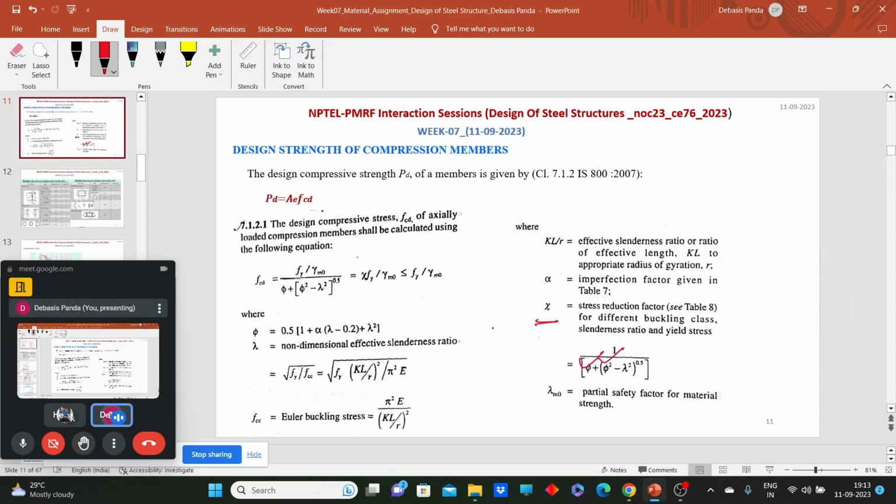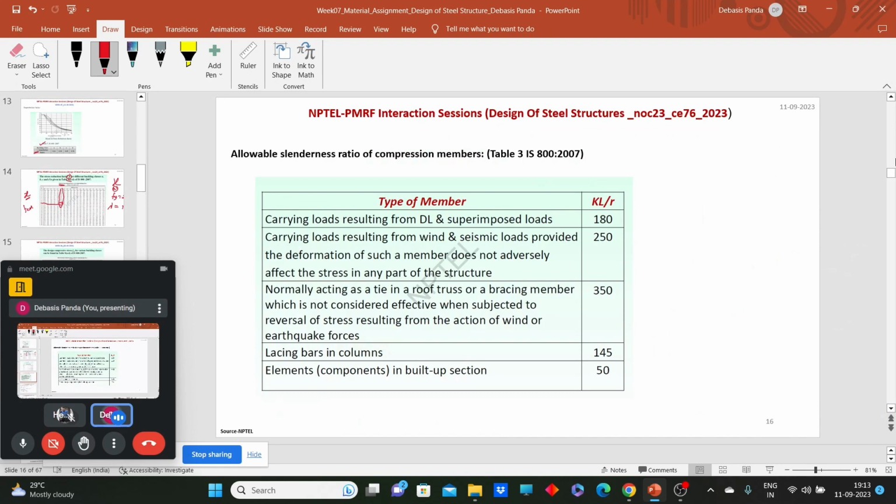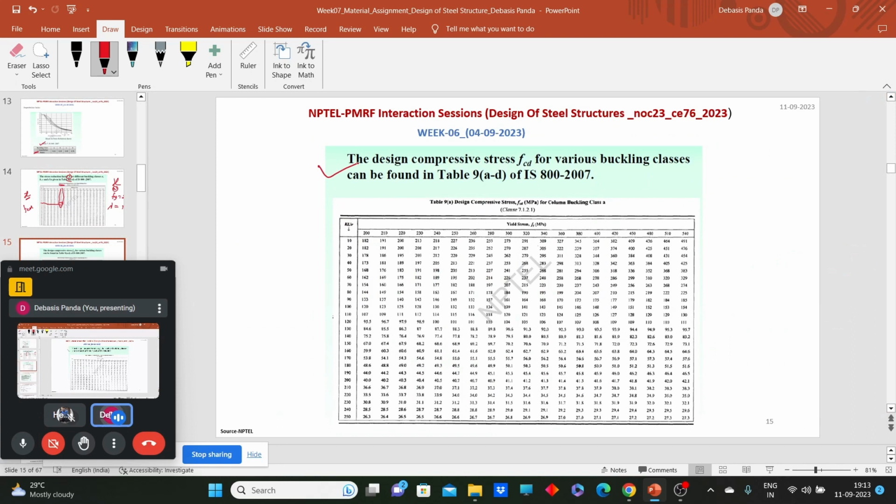Now one more thing I have told you, that you can directly calculate the FCD value based on lambda. How can you calculate it? You can get it from the tables 9A to D. For example, you have an I section and you have found that it comes under buckling class A, lambda is say 100, and your Fy yield strength value is 250.